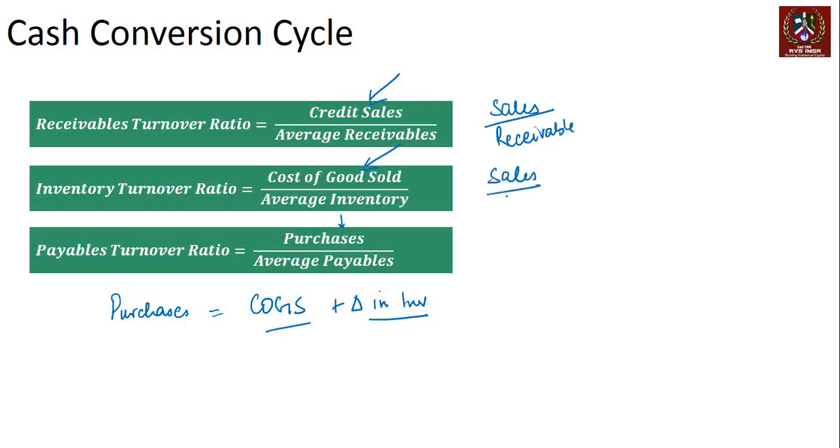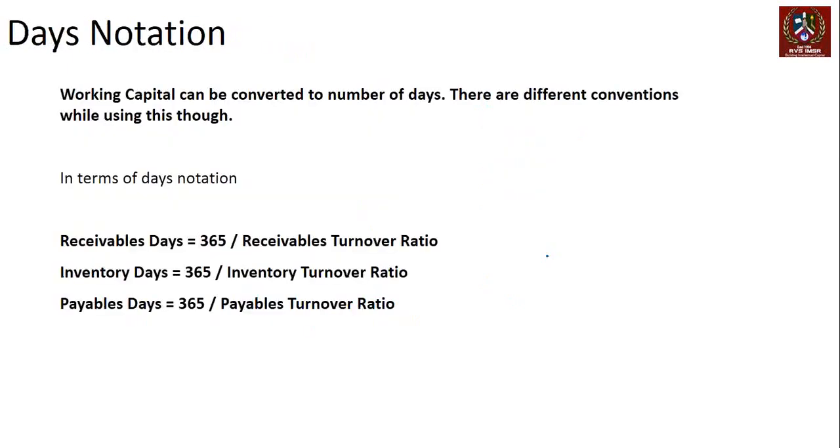If we substitute everything with sales, we will see what happens to the formula as we go along. But if we substitute everything with sales, that's also because some of this data is not really available to us in real life. Now, once we get the turnover ratios, we convert that turnover ratio into the days notation by dividing 365 by the turnover ratio.